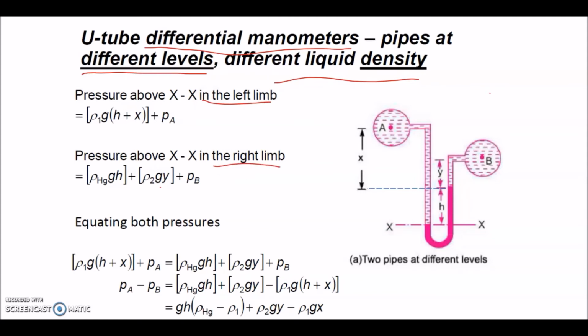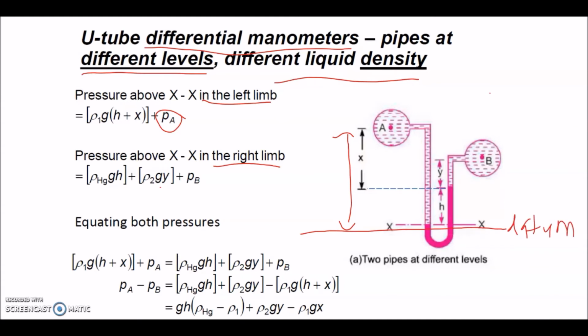For the left limb we have the pressure at point A, and then density 1, gravity, and H is from point A to the datum.